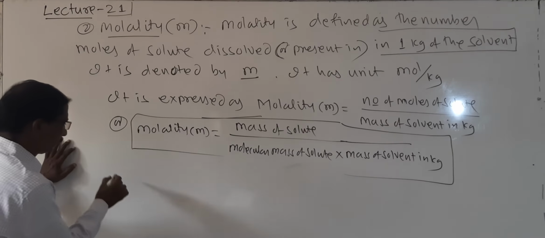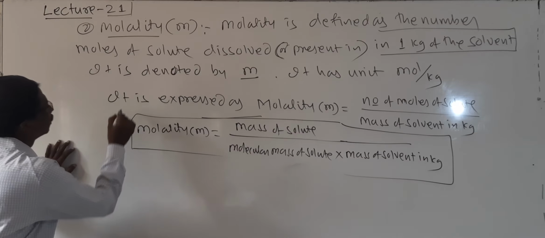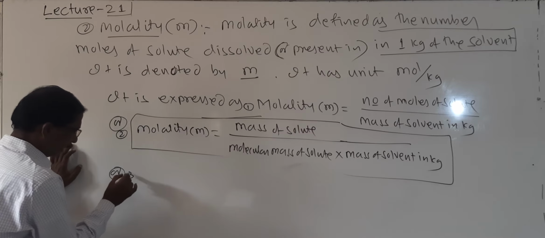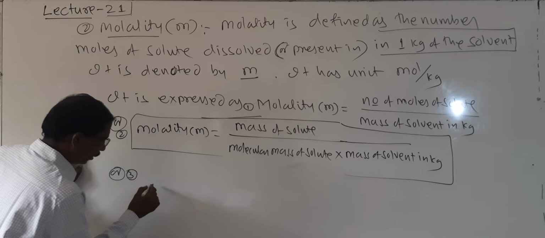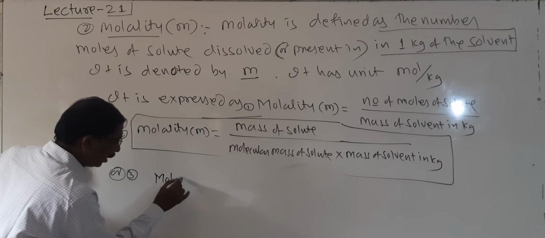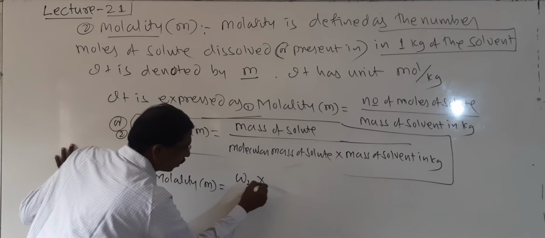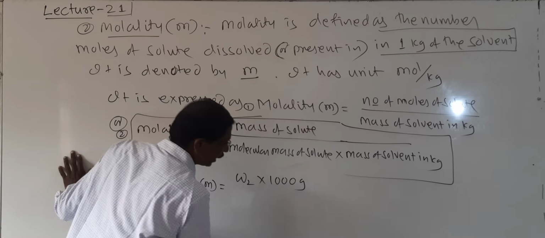Then the third one, it is number 1, number 2, number 3. Third one, molality is equal to W2 into 1000, that is in grams.